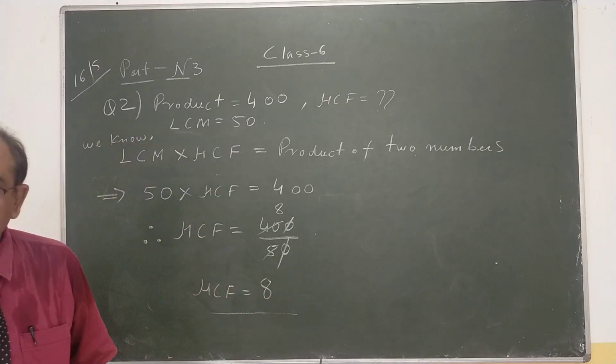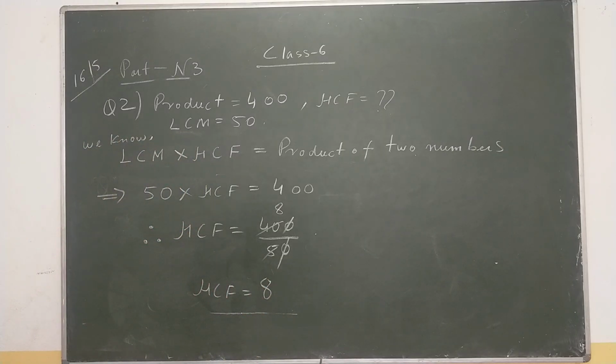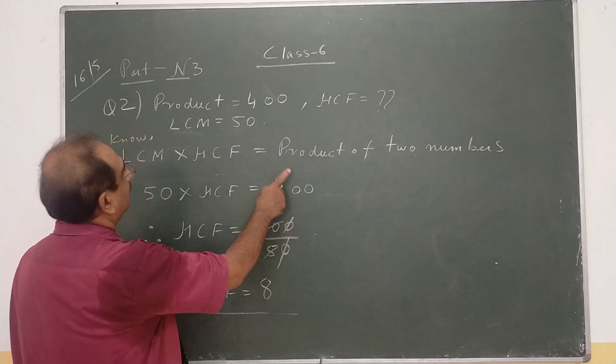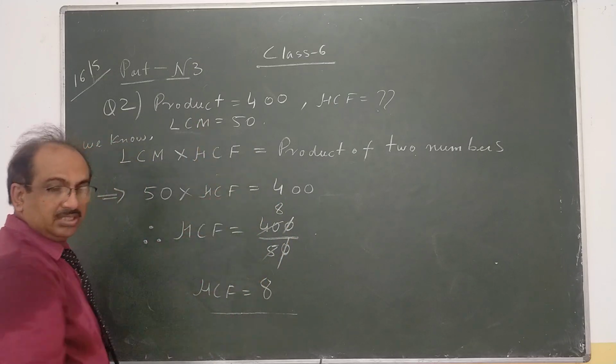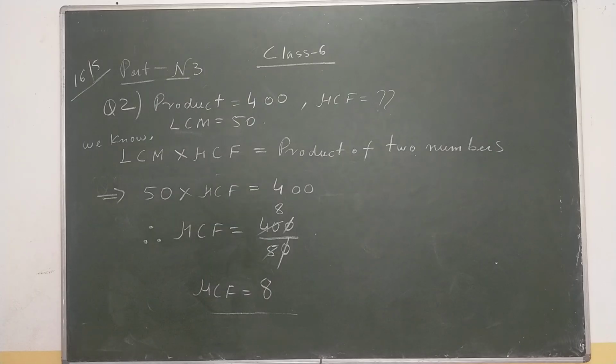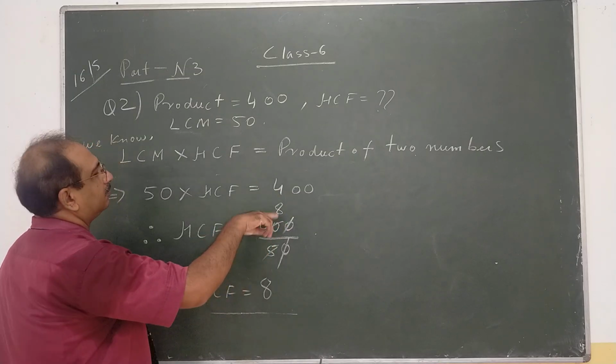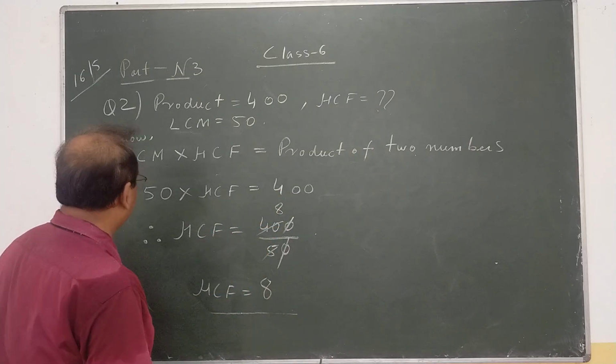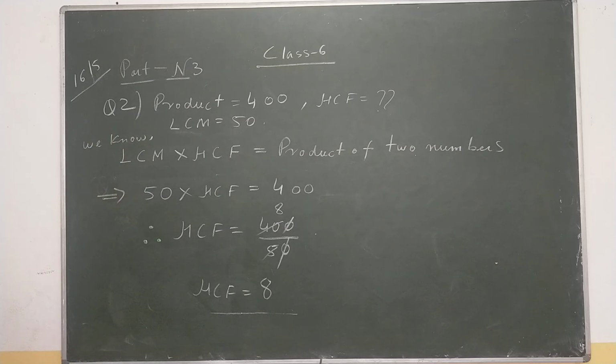Okay, I saw maybe some other question somewhere. So the product of two numbers is 400, their LCM is 50, and you have to find the HCF. So make that correction. Okay. Then we move on to the next question.